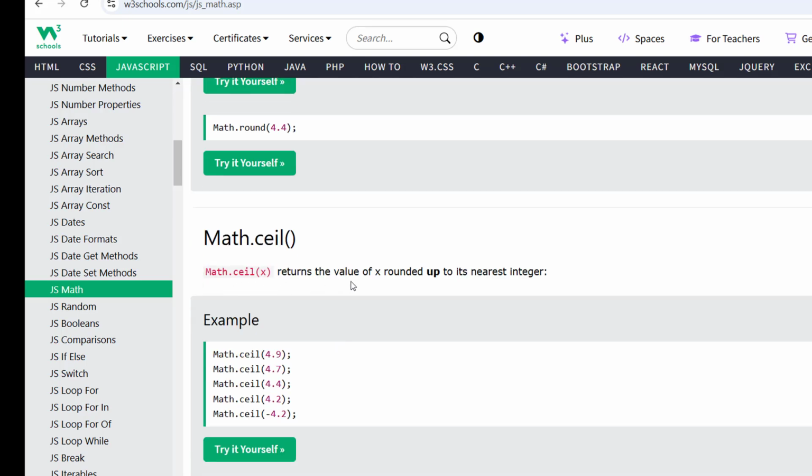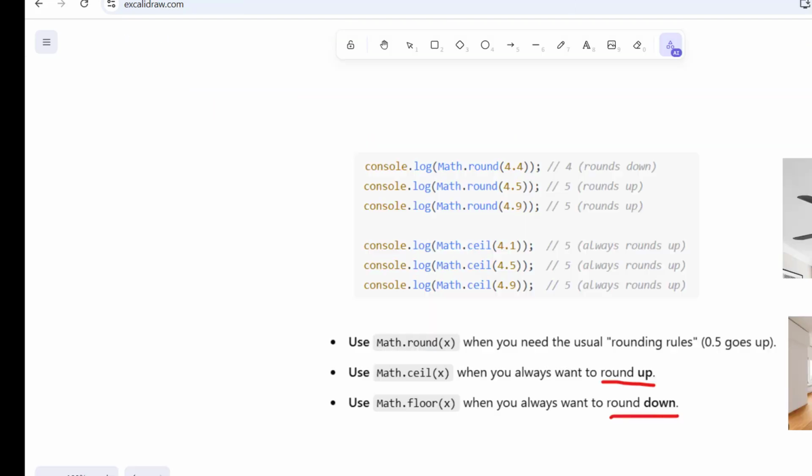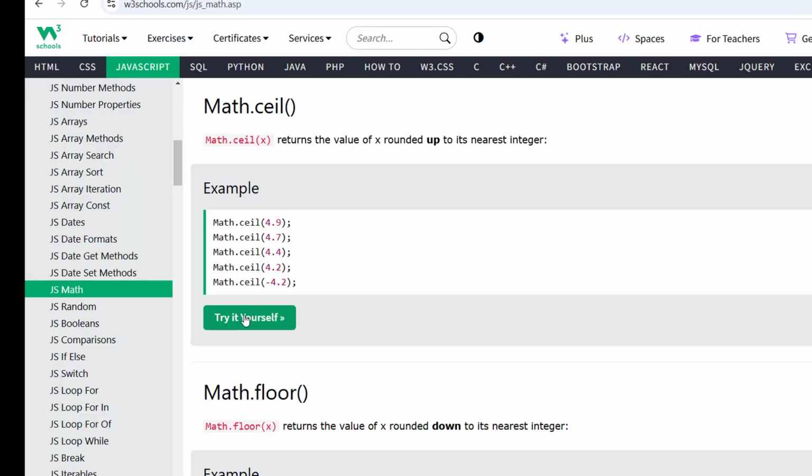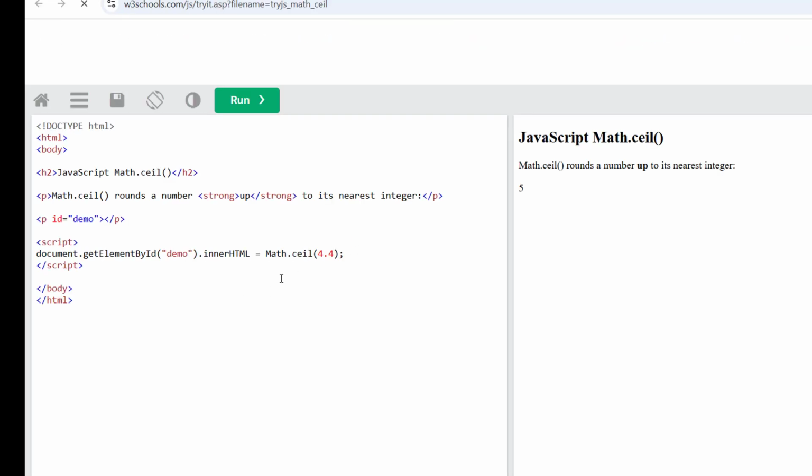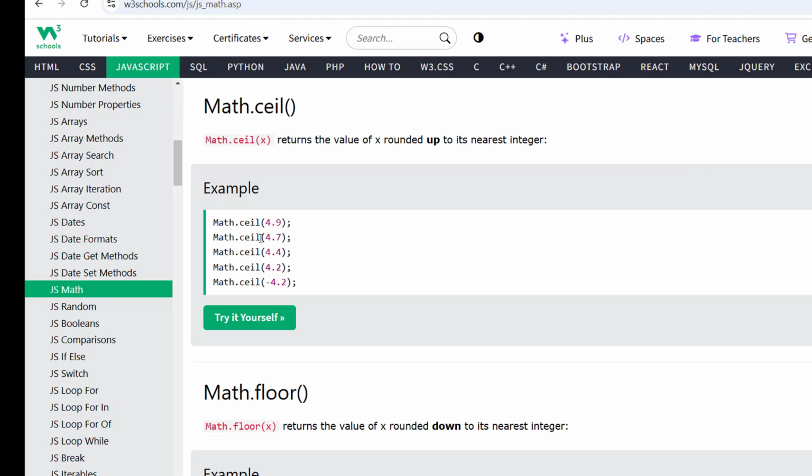Math.ceil returns the value of x rounded up to the nearest integer. Again I am showing you, Math.ceil means it will go upwards. Remember the ceiling. This is a good naming technique. So you see this is 4.9, and it will go upwards.